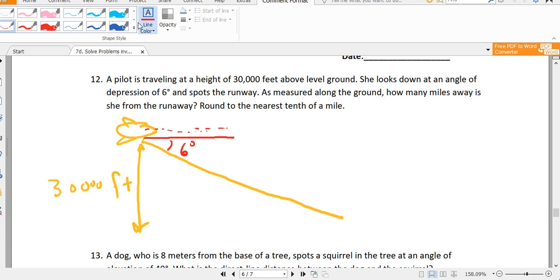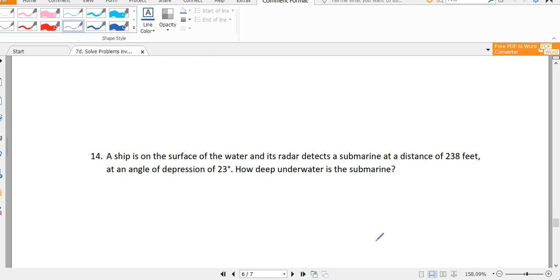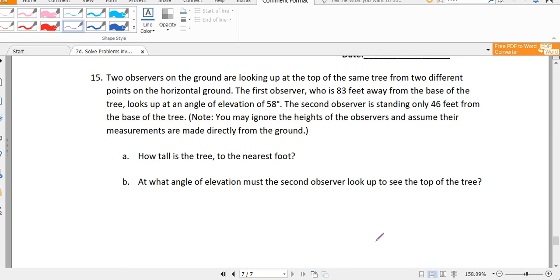And they spot the runway, and we're asked how many miles away is she from the runway. So we are asked to find this. Knowing that this is 30,000 feet, and knowing the angle in here would be whatever 90 minus 6 is, 84 degrees. And again, our job is just to find x. And again, these two are the exact same.